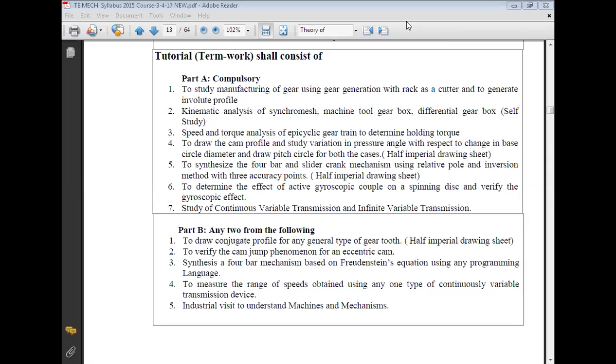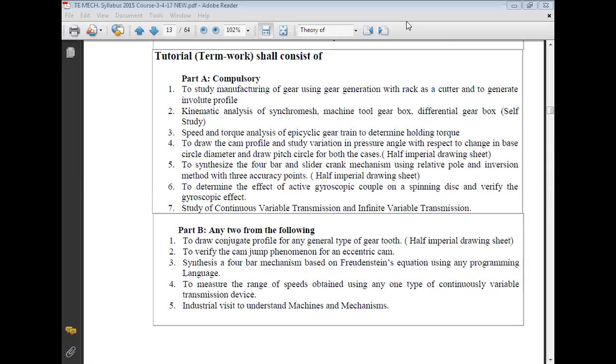This whole term work you are supposed to complete and learn. In the learning process you will also need to learn all the 6 units of this particular subject for the oral examination.